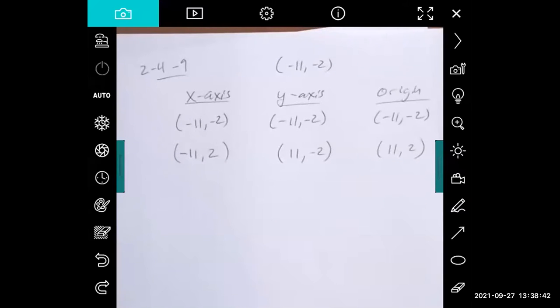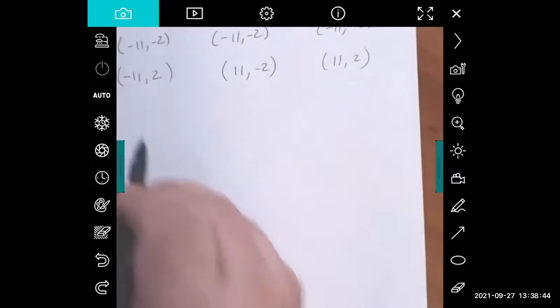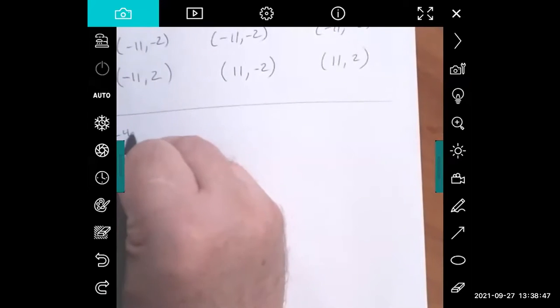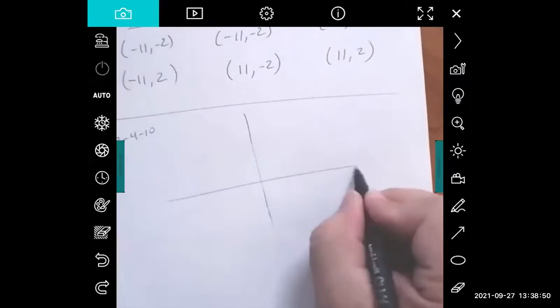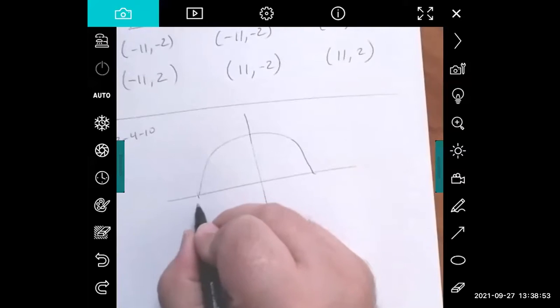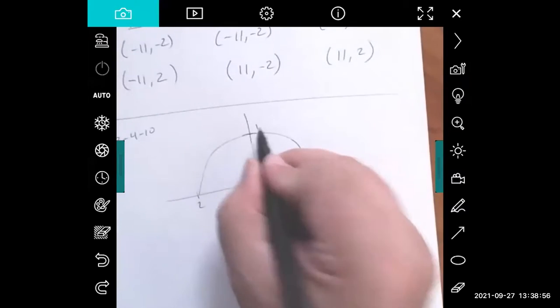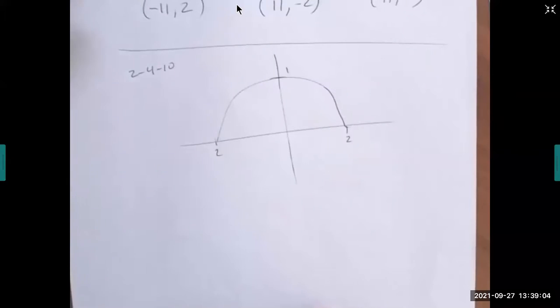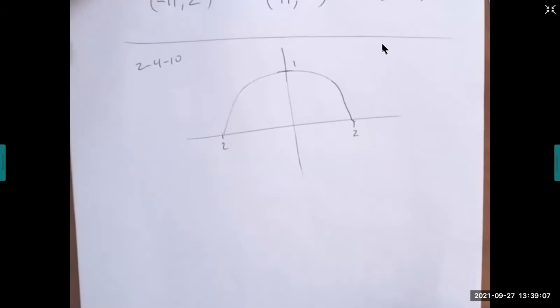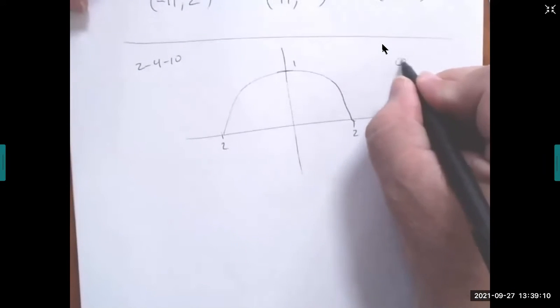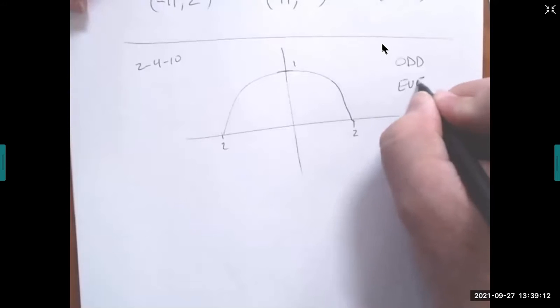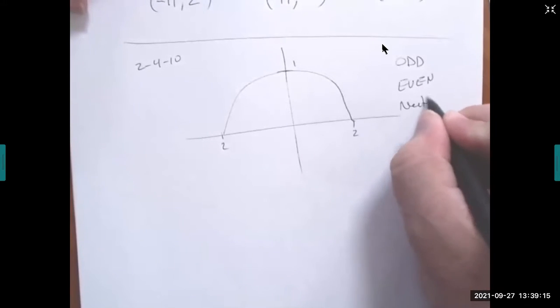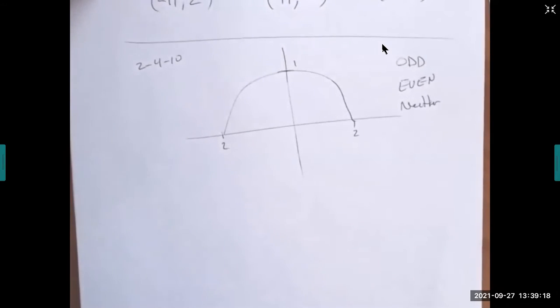Is this function odd, even, or neither? Okay, we have a guess of neither. How do we know if a function is odd?